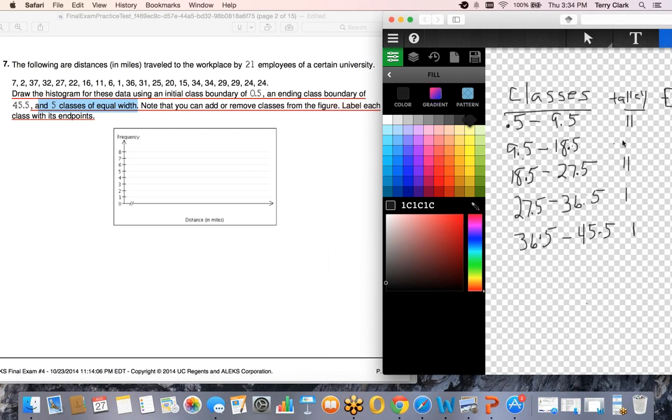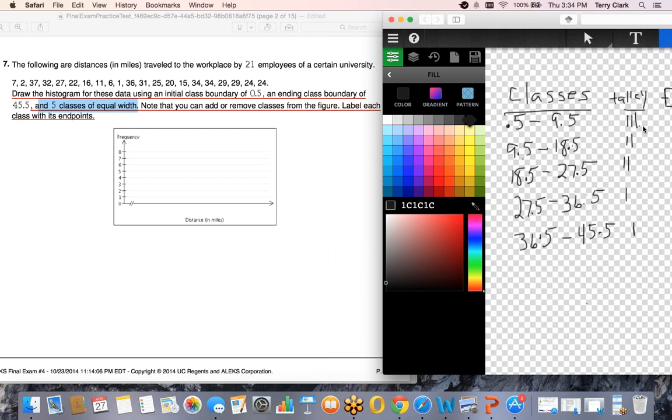The 16 is in the second class because 16 falls between 9.5 and 18.5. The 11 also falls in between 9.5 and 18.5. The 6 falls in that first class, between 0.5 and 9.5.